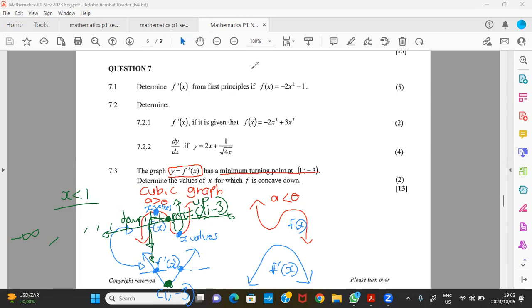Is that okay? Any questions? These are the questions that you need to focus on a lot more, because with the other ones you are okay, right?